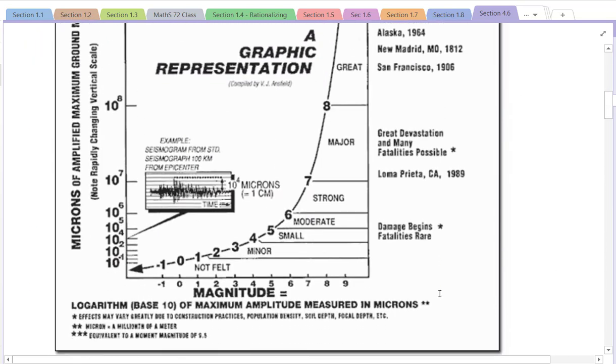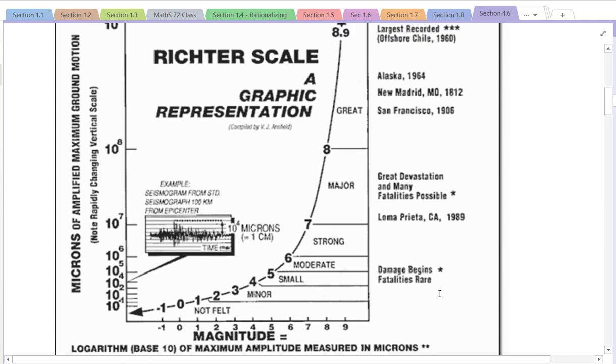And yeah, so then by looking at this, going back to this graphic representation, let's look at 6, a moderate earthquake. On the Richter scale, magnitude 7 will be 10 times larger than an earthquake of magnitude 6. An earthquake of magnitude 8 will be then, so you went 2 tens, right? So it's 10 squared, so 100 times larger.